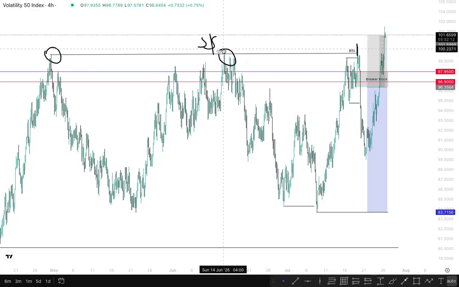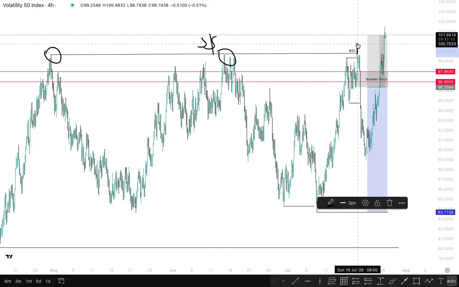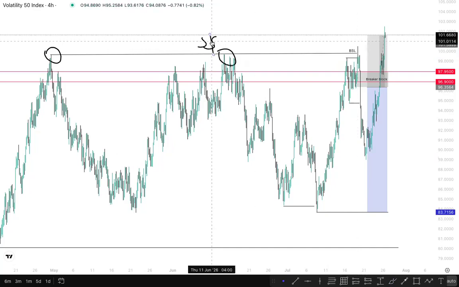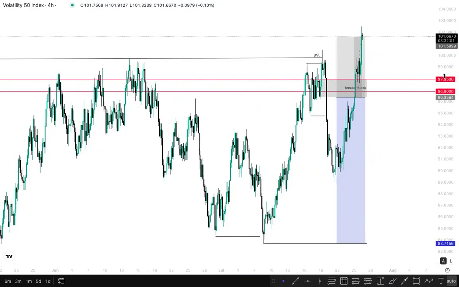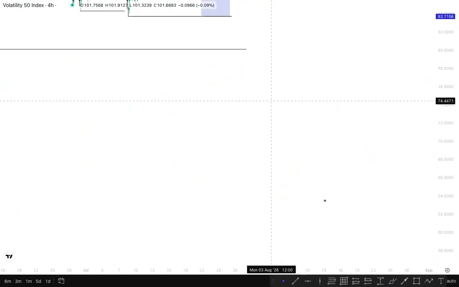So on that same 4 hour time frame, I saw our entry pattern, our entry confirmation, which is this.